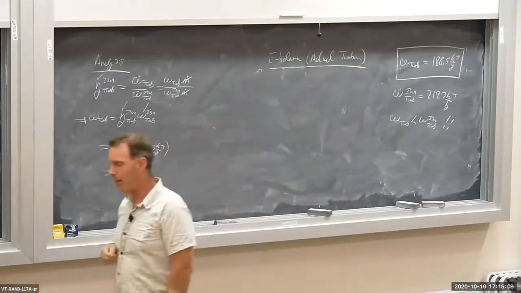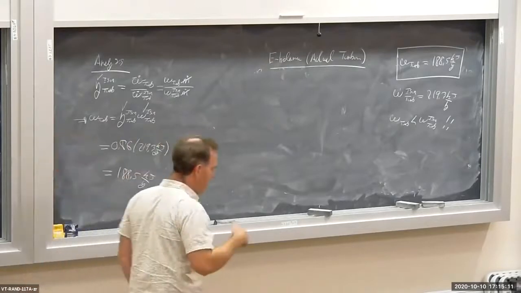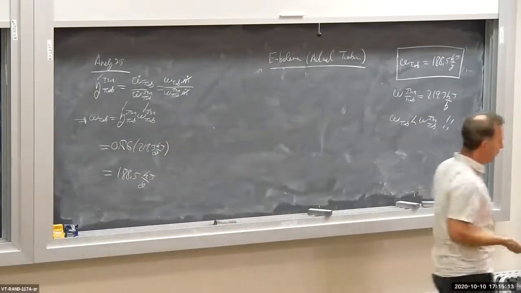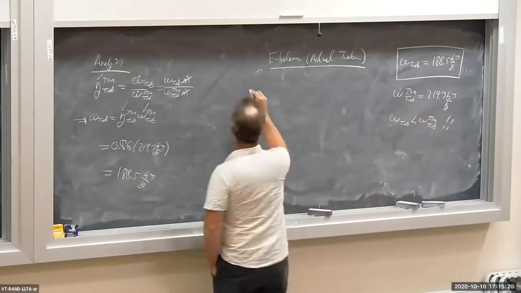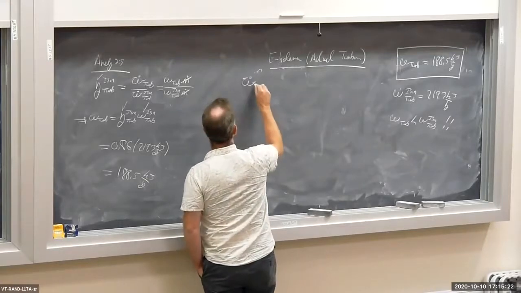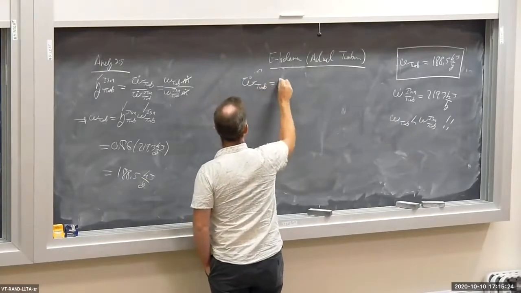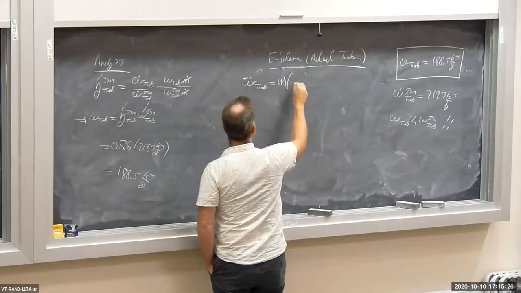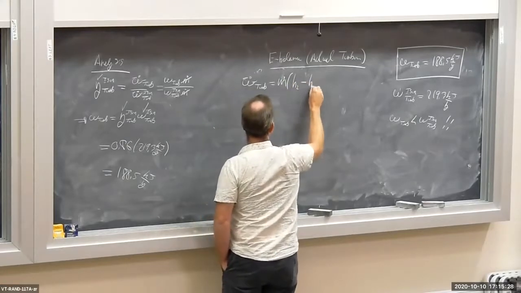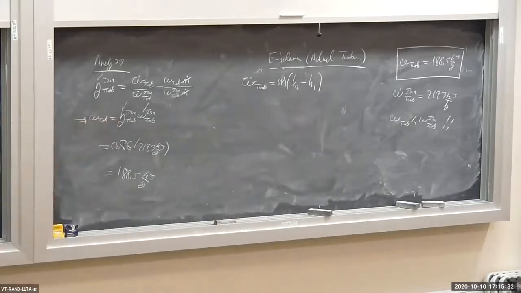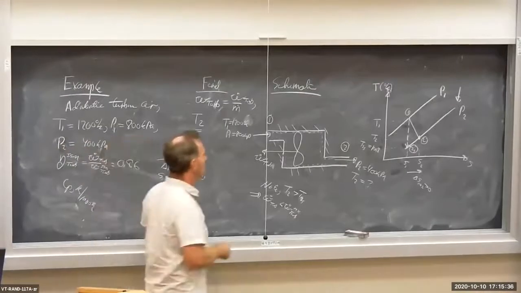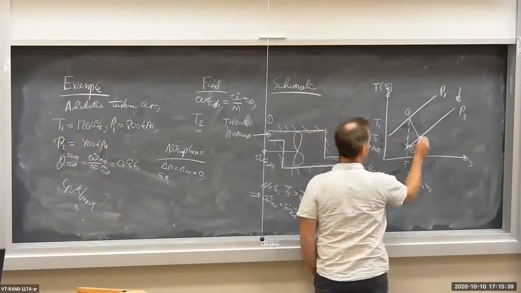So I apply the energy balance, steady state, no heat transfer, single inlet, single outlet, no changes in kinetic and potential energy, and I get W dot turbine is equal to m dot times H2 minus H1. Let's make sure these subscripts are right. For the real device, we're going from state 1 to state 2.